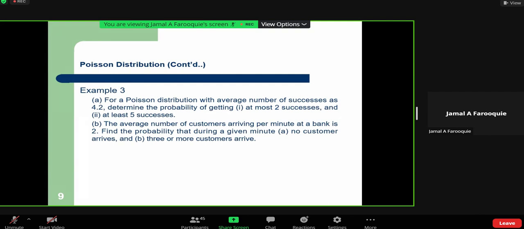For a Poisson distribution with average number of successes as 4.2, determine the probability of getting at most 2 successes. So the left hand side of the answer will be probability of x is what? What is 4.2 here?